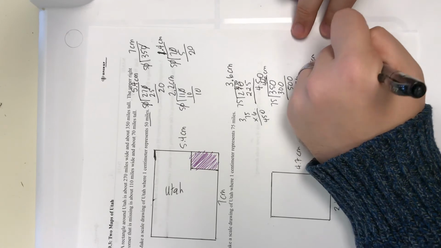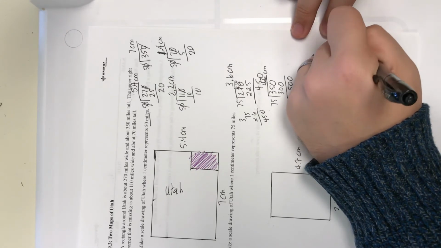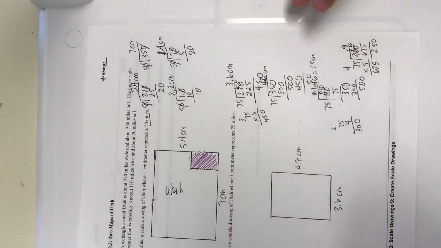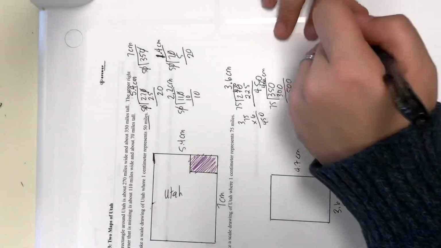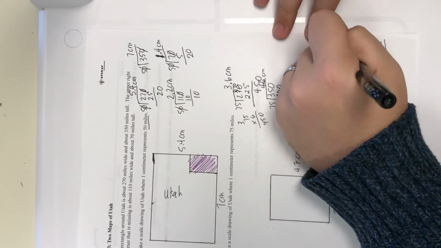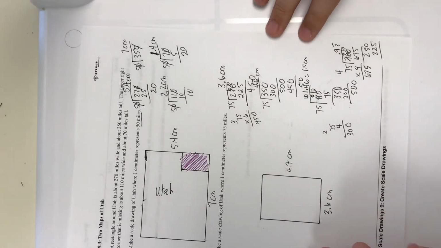We'll be left with 25. 75 into 250 would be 3. And that's 225, and this is going to repeat. So 9 3 forever.